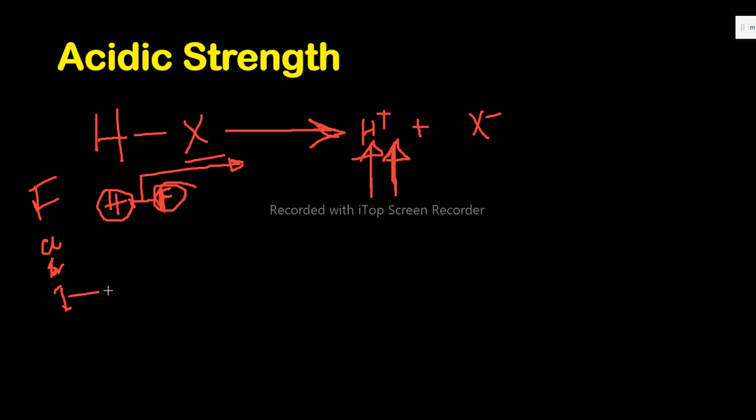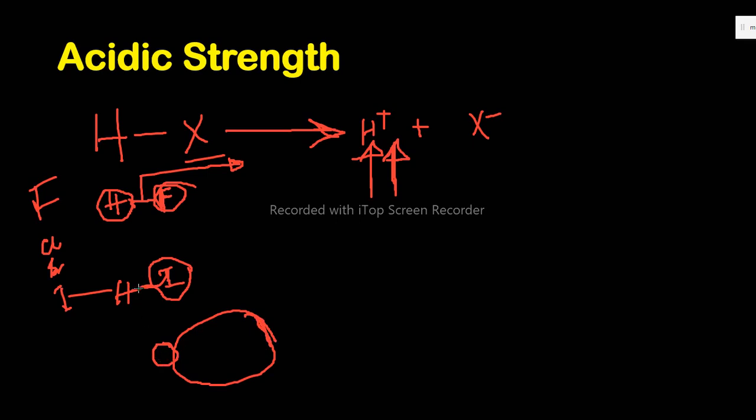But for hydrogen iodide, for instance, this is a large sized atom. It can be like this, whereas the hydrogen can be like this. Can you imagine? So this large atom forms a weak covalent bond.